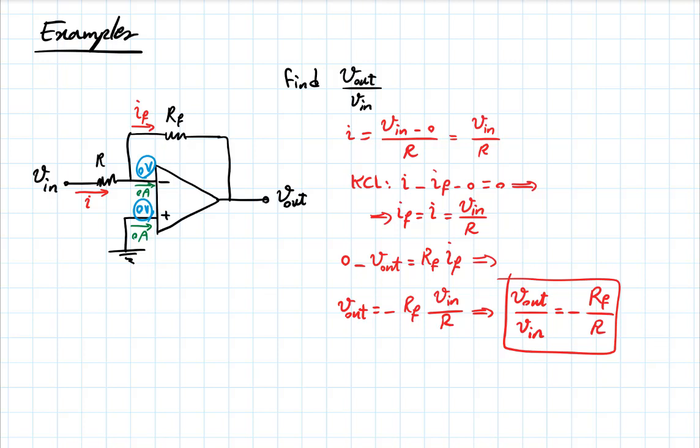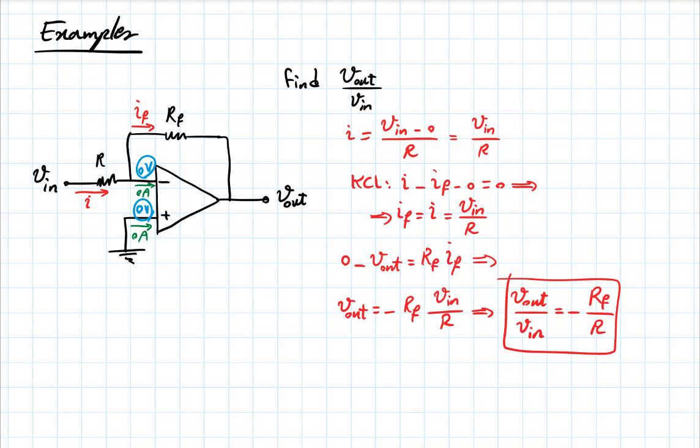So I took this element that does this very boring thing of imposing a bunch of zeros at the input, and I made a circuit which gives me a very nicely defined gain as the ratio of two resistors with a negative sign.